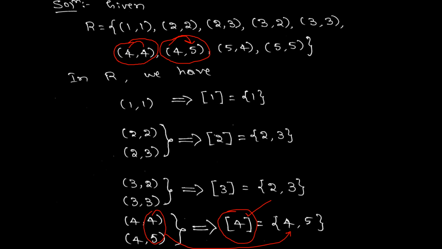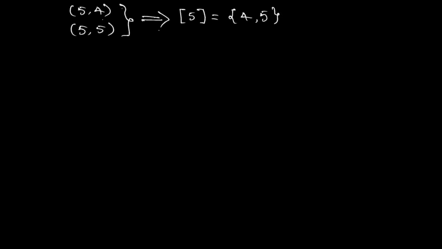Now let us go for 5. The class generated by 5 has 4 and 5, which is actually the same as the class generated by 4.